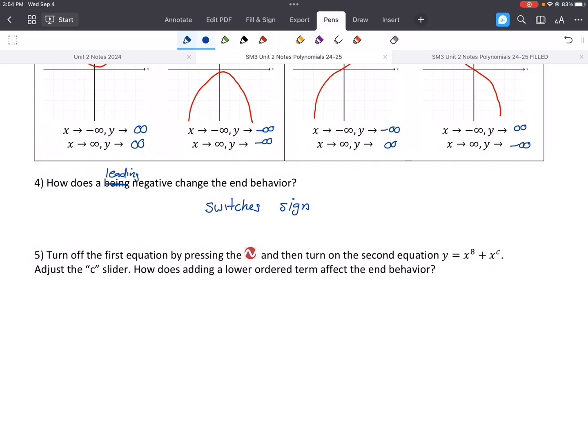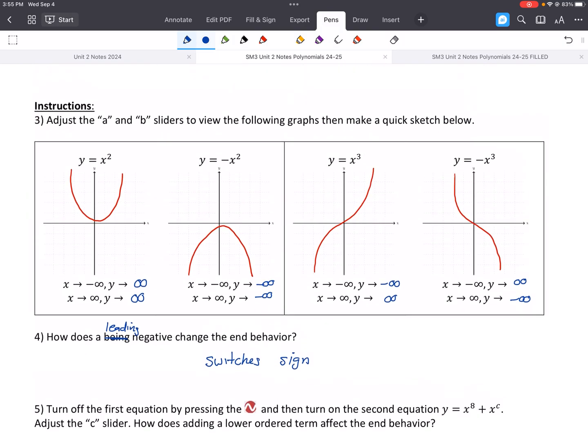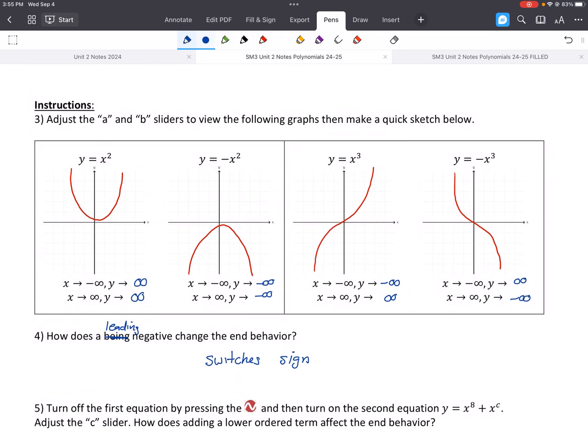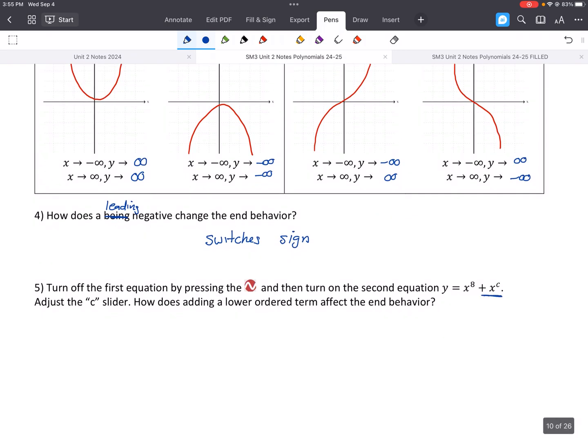And then the last thing I wanted to look at is what happens, because all of these examples are monomials. They have just one term. What happens if you add other terms? If you try that, really what you're going to find is that the leading term controls the end behavior. So it doesn't matter what else you add. You could do x to the 8th, or x to the 8th plus 1,000 x to the 7th plus 10 x to the 6th minus 7x, and you would still have the same exact end behavior.